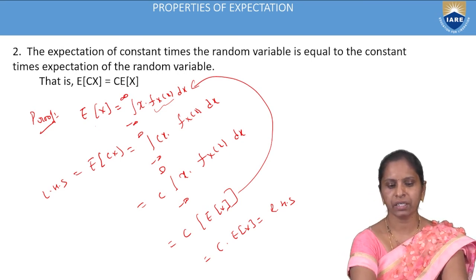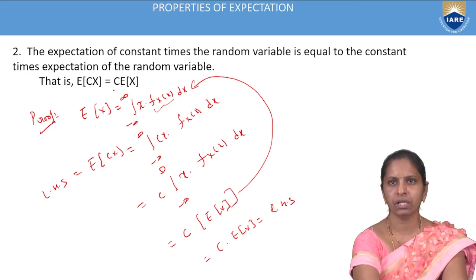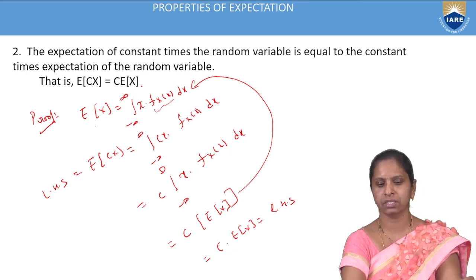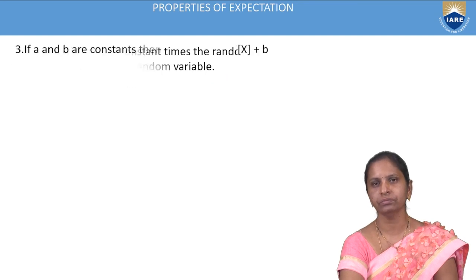Therefore, the expectation of a constant times the random variable X is equal to the constant times the expectation of X. So this is the second property of the expectation.